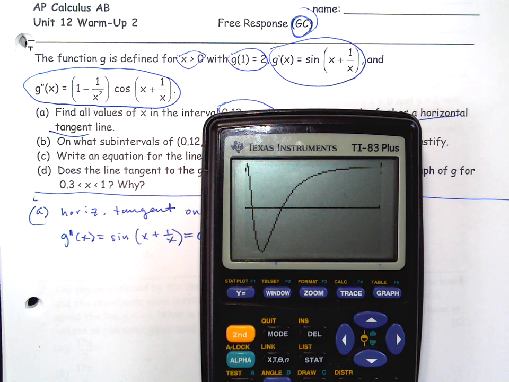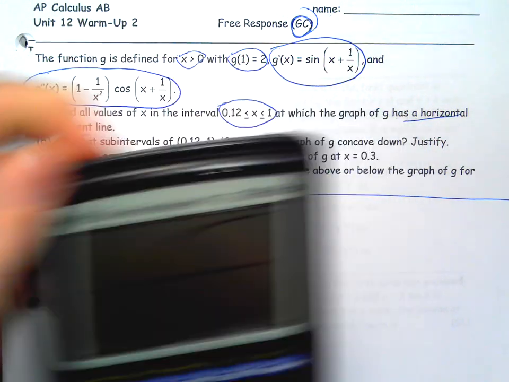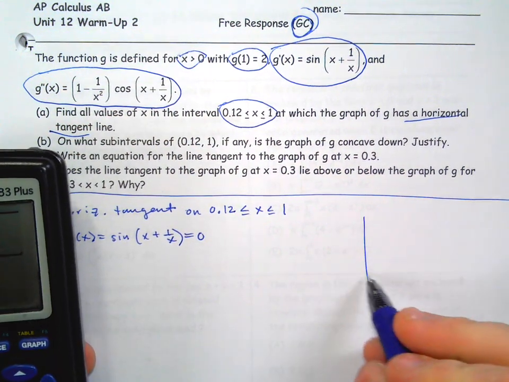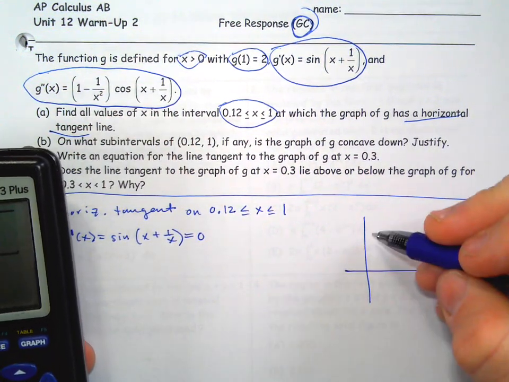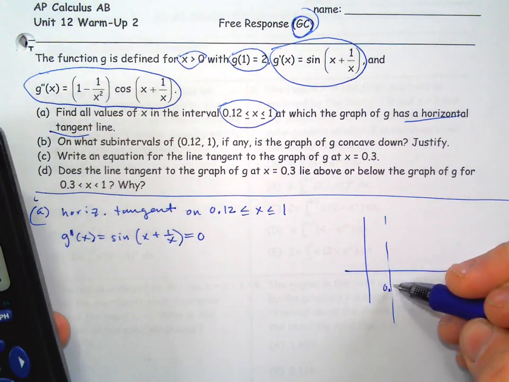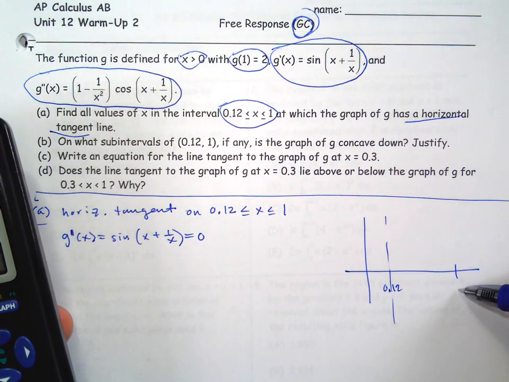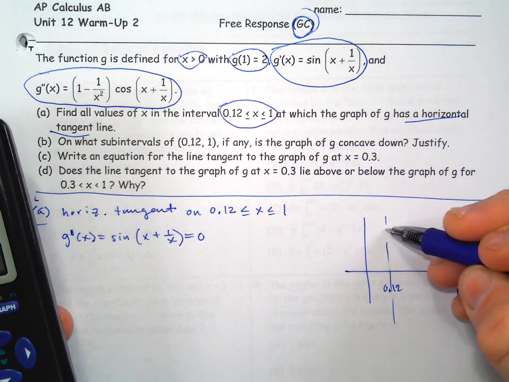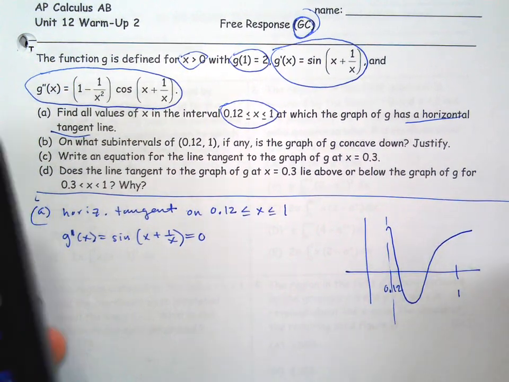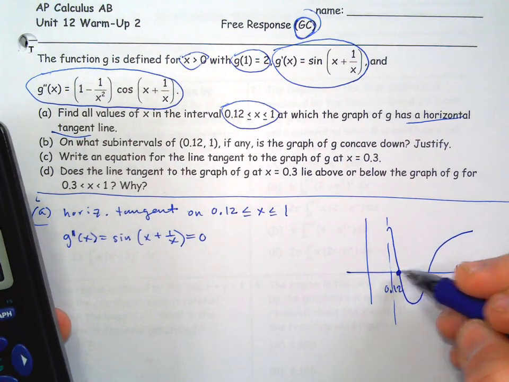So there's the graph. And I mean, you don't need to draw this, but if you did, we're at 0.12 to 1. And the graph looks like that. Now it looks like it has one there and it has one here.